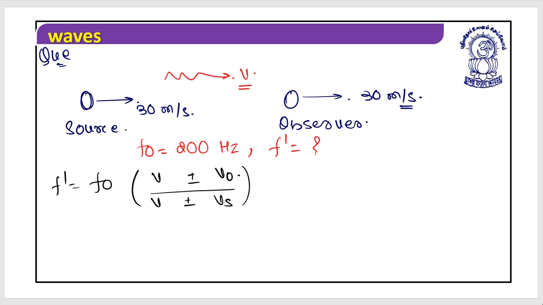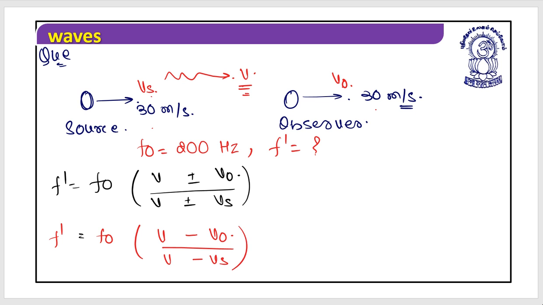So in this situation, f dash equals f naught into bracket, with v the velocity of sound, vs the velocity of the source and v naught the velocity of the observer. Since v and v naught are in the same direction, it's v minus v naught, divided by v minus vs, as v and vs are also in the same direction.